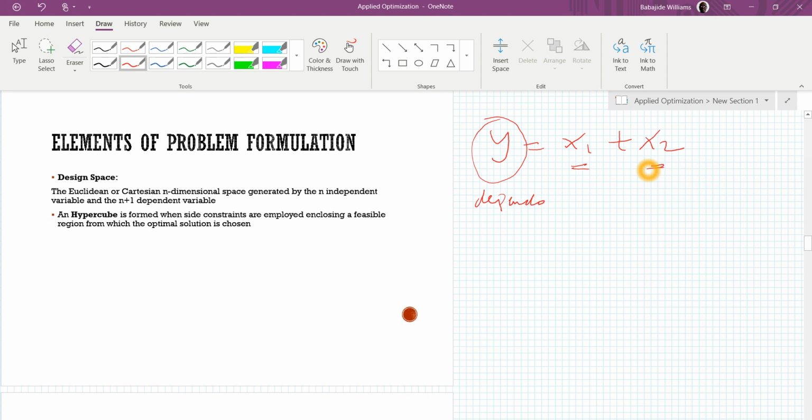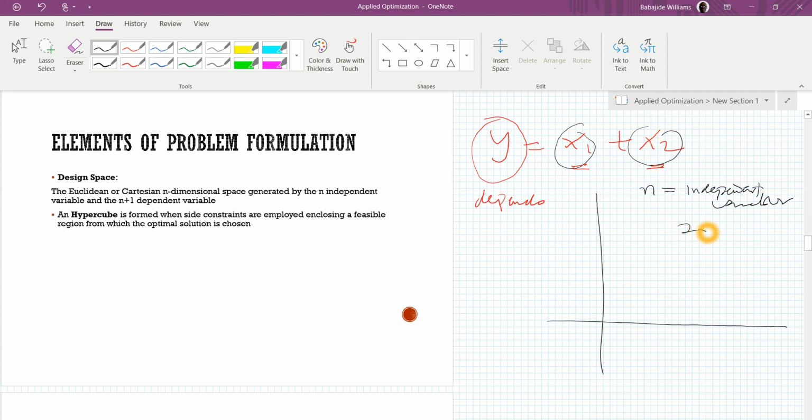So if I were to plot this, I have n independent variables, x1 and x2.